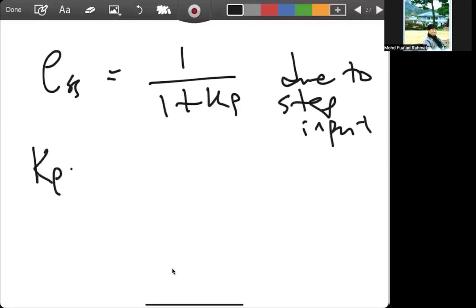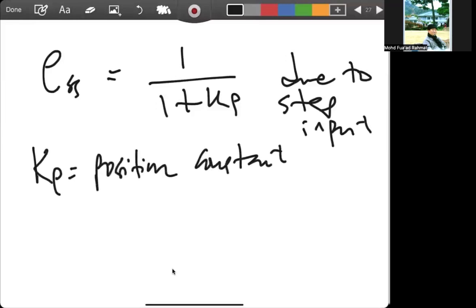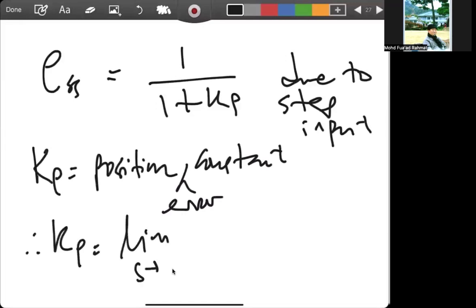So Kp is the position error constant, and Kp is equal to, we need s going to 0 of K s, and K in this case.